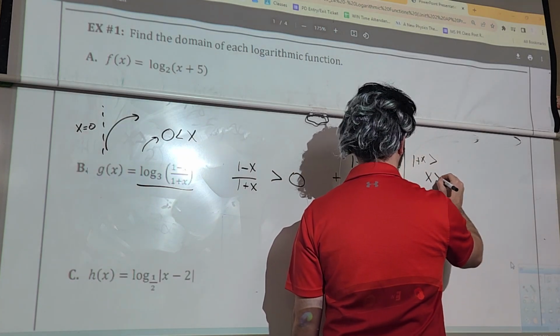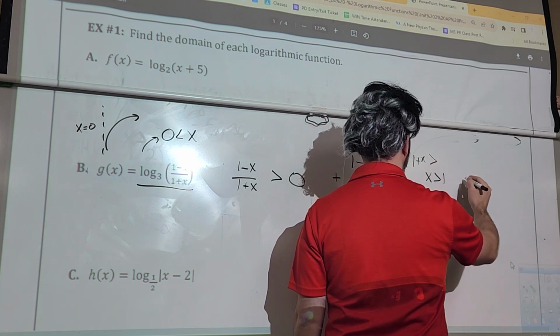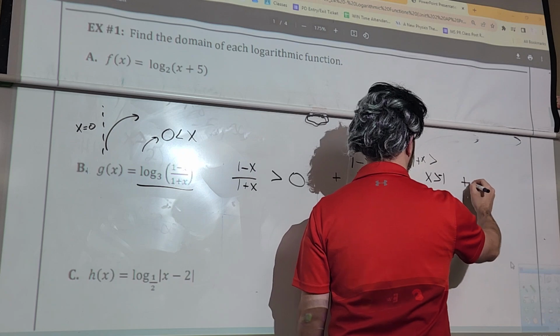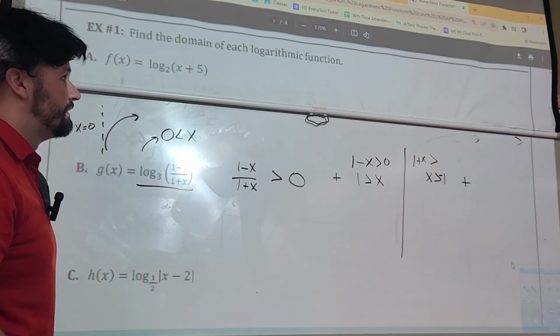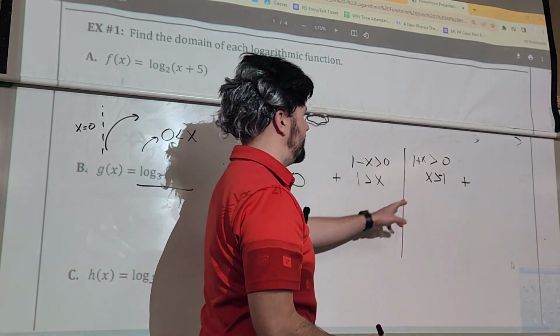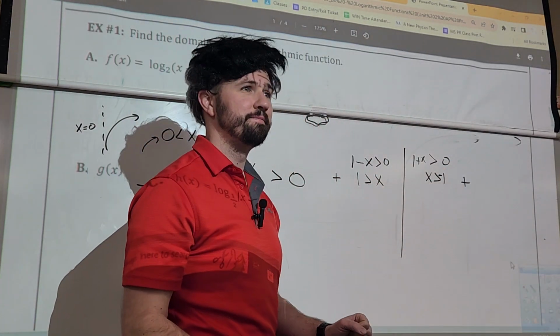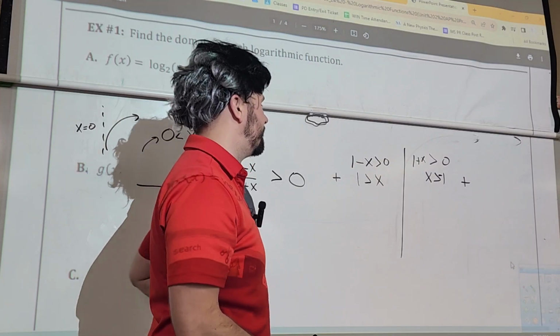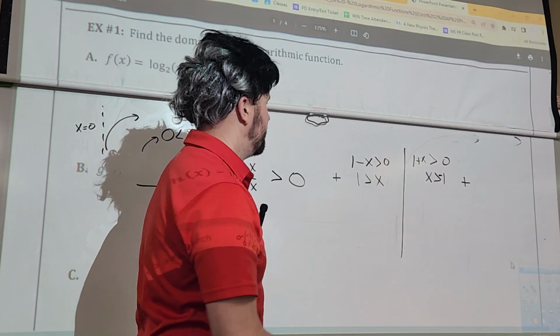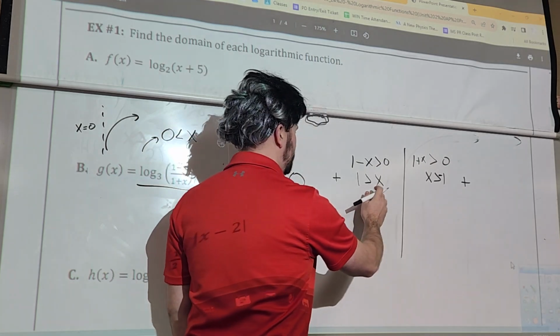So when x is greater than negative 1, I am positive. Wait, oopsie. Do you guys see what I did here? I subtracted the 1 over. Yes. I added the x over. So, what do I care about? Think about this.